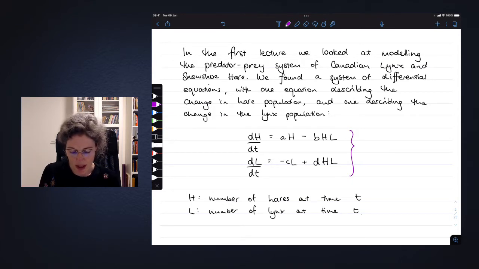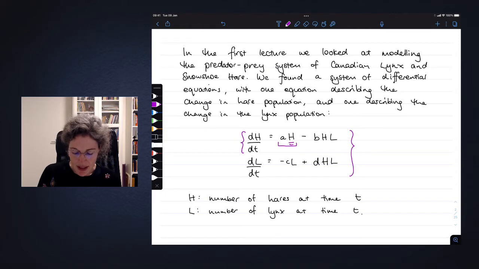So we said, well, okay, if we look at how the change in population of the hares behaves over time, if there are lots of hares, then there will be a term that seeks to increase the number of hares because they get to reproduce.